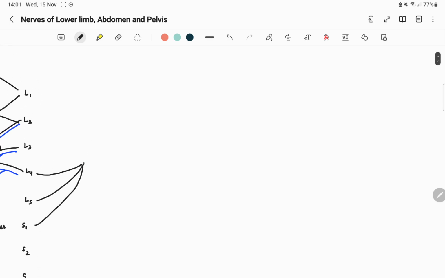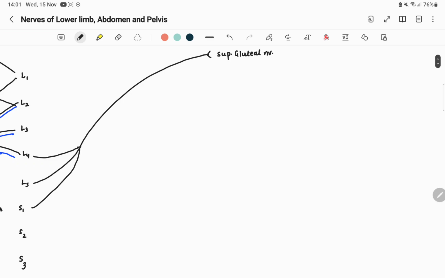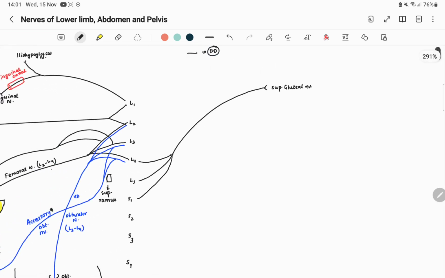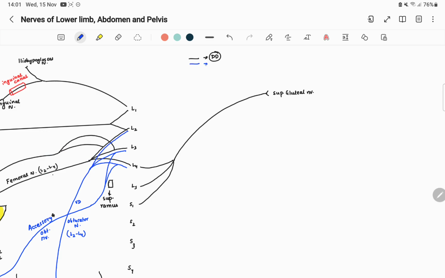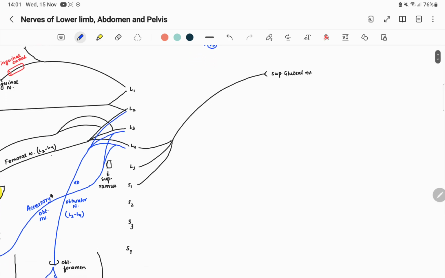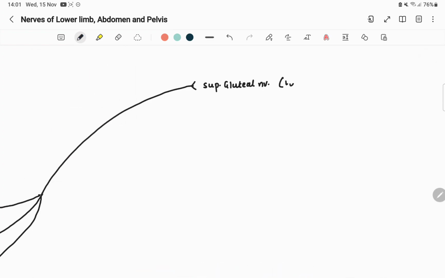Arising from this is the superior gluteal nerve. It is the dorsal division, because I am drawing the dorsal division in black and the ventral division in blue. So the superior gluteal nerve has the root value L4, L5 and S1.